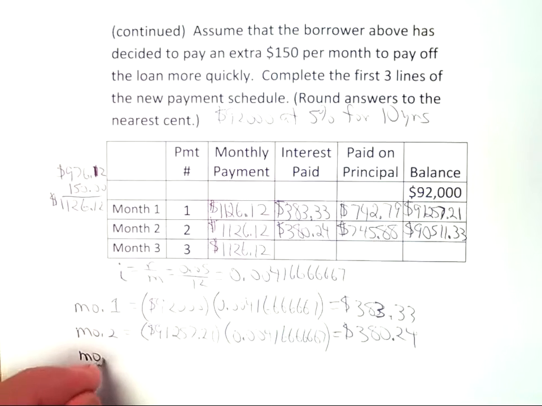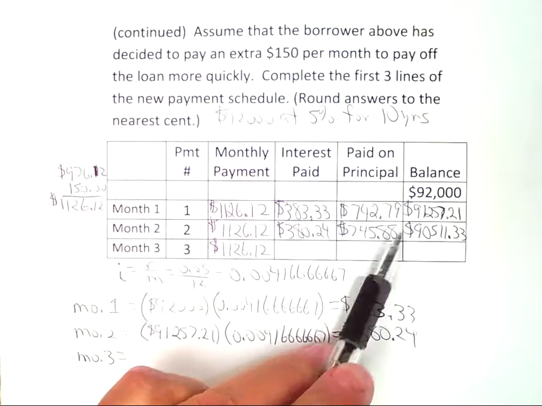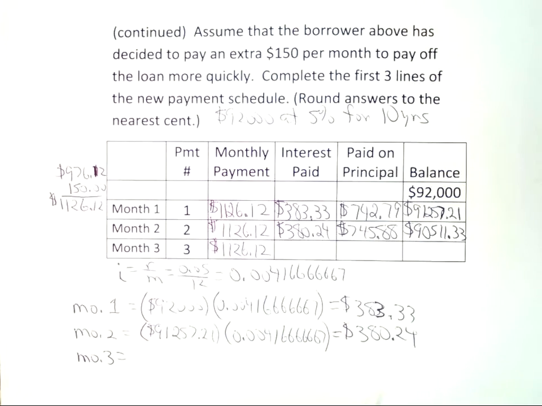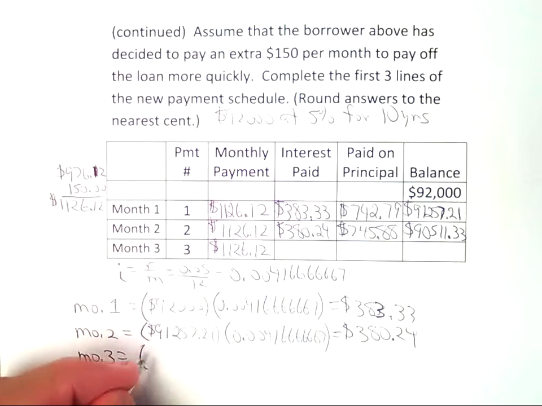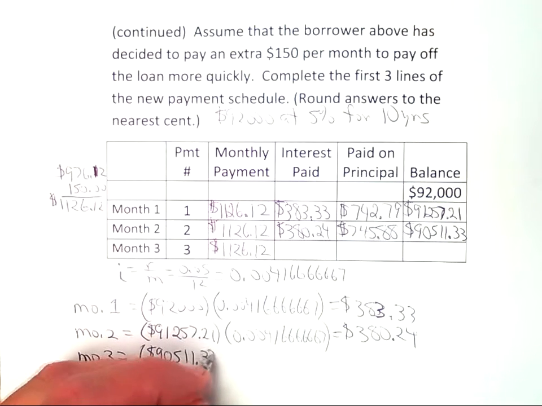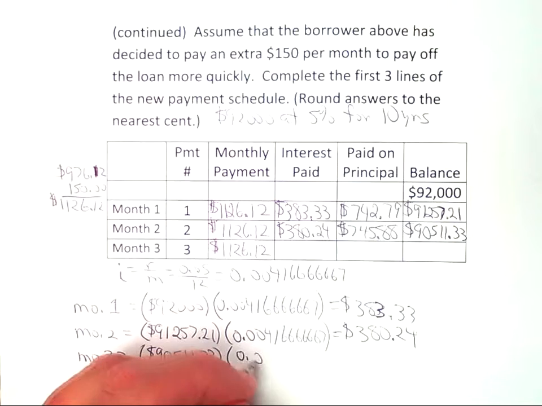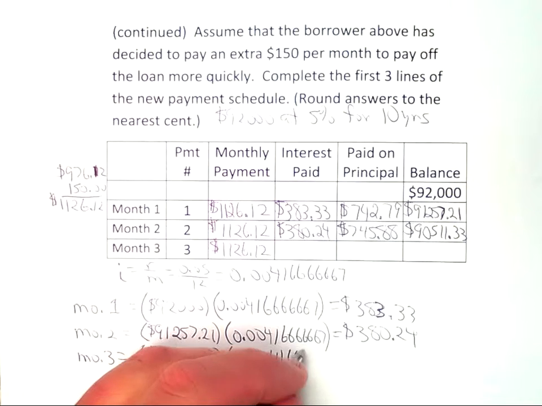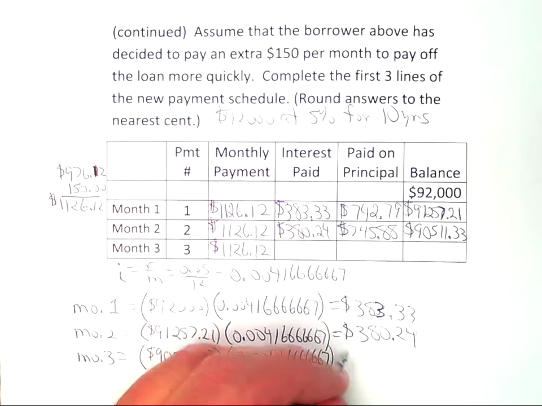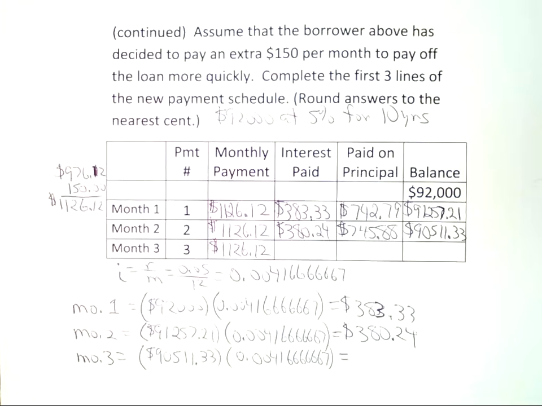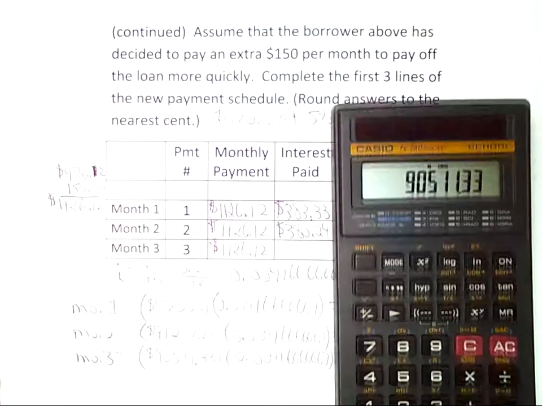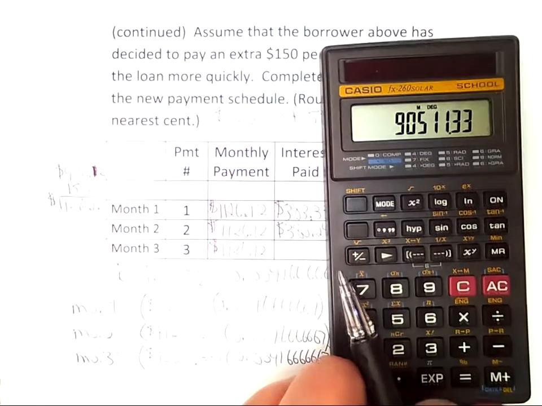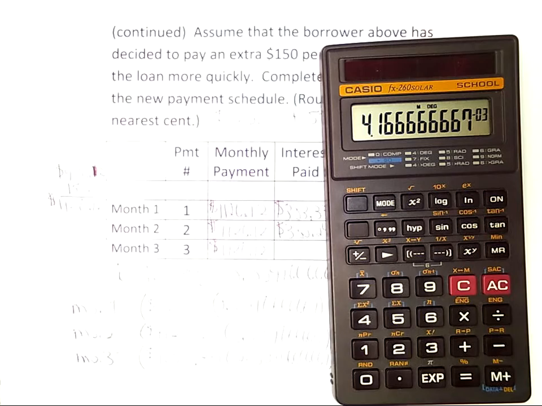Month 3 is the amount of the previous month's balance, which is $90,511.33. The interest rate does not change. And as I said many times now, I have that interest rate stored in memory, so I just do MR to bring it out.